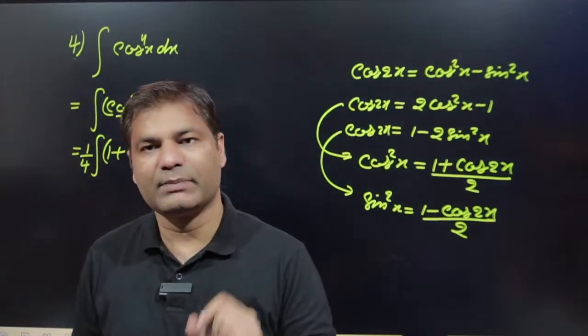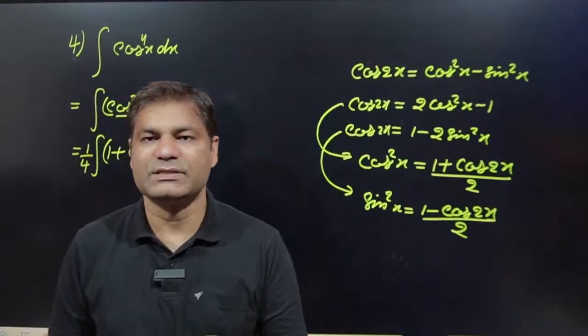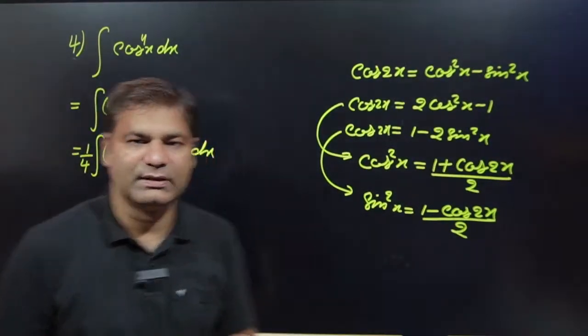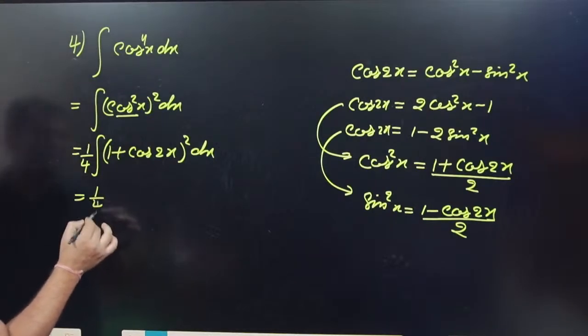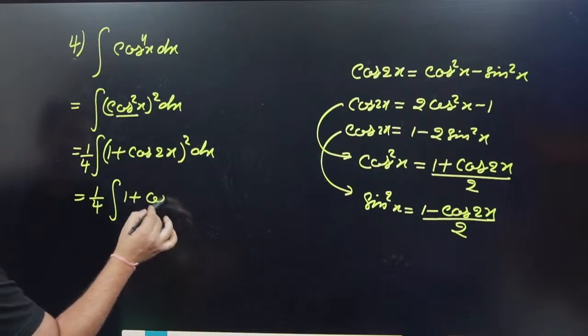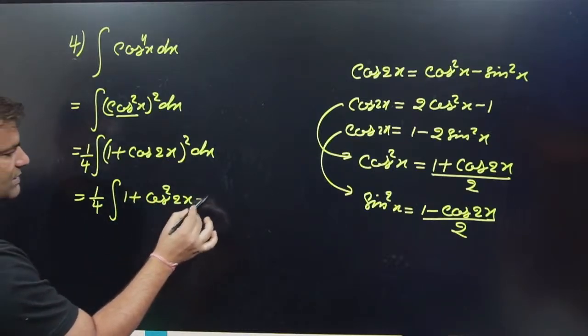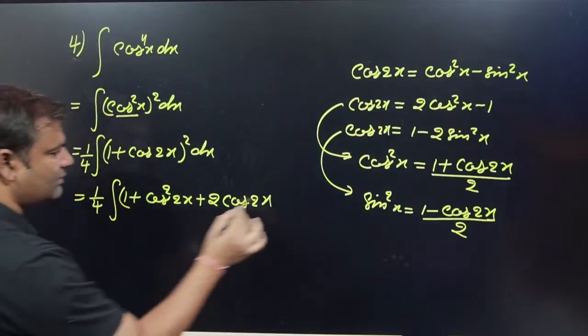Now apply the a plus b whole square formula, a square plus b square plus 2ab. So it is written simply 1 by 4, and inside 1 plus cos square 2x plus 2 times cos 2x into dx.